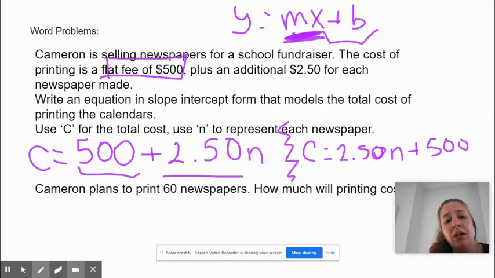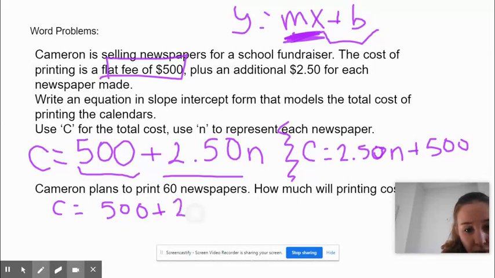So the next part, Cameron wants to print 60 newspapers. How much will the printing costs be? So our total cost would be $500 plus $2.50 times how many newspapers? 60 newspapers.